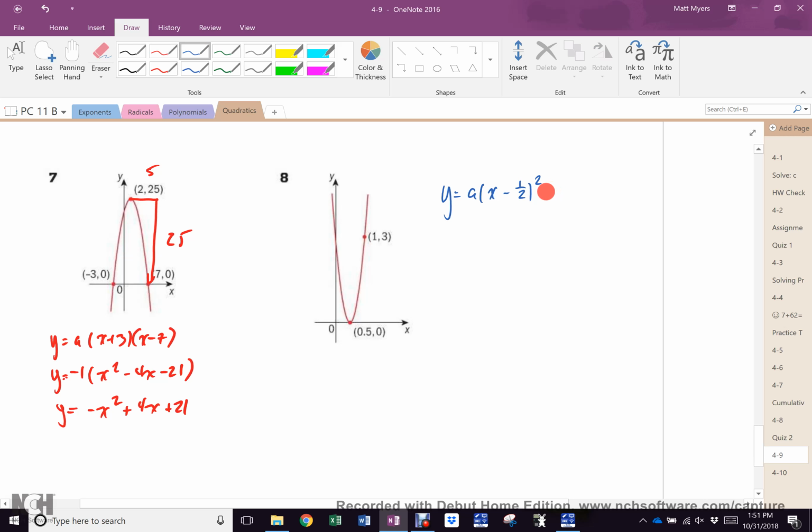Nothing, 0, right? So that's all we need, correct? Do I know the Y and do I know the X? What's Y? 3. What's X? What's 1 minus 1/2? 1 minus 1/2 squared. 3 equals A. What's 1/2 squared?